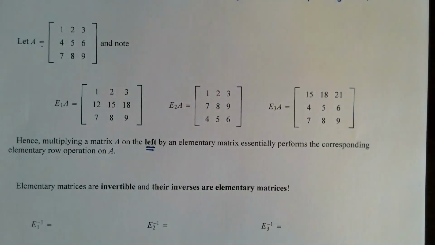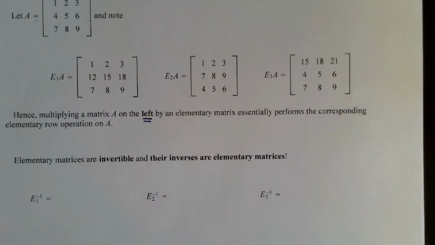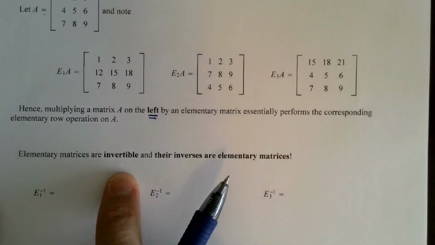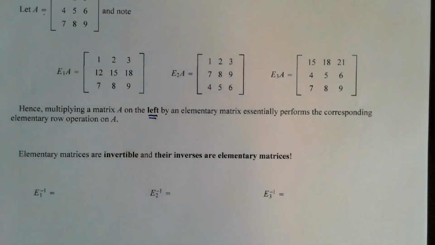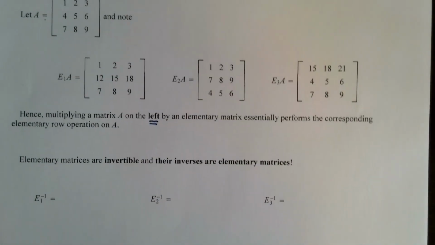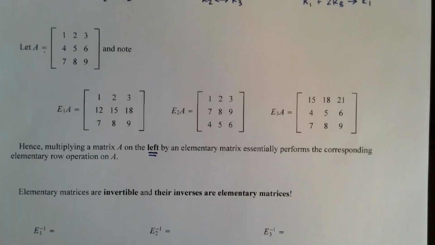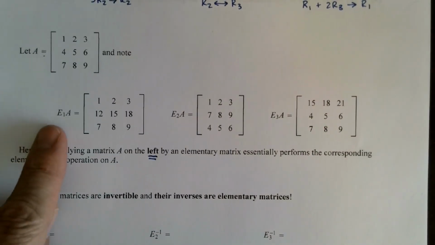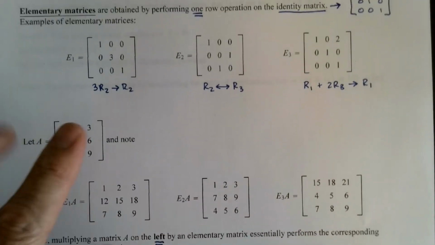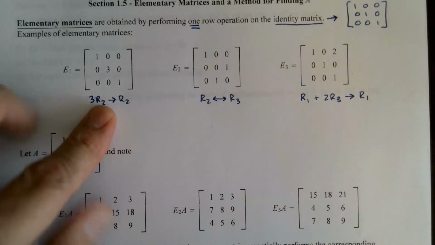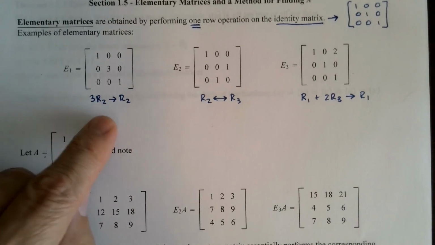Before we move on, a couple other things about elementary matrices. They are invertible, and their inverses are elementary matrices. You say, well, how is that the case? Think about when we multiply by a matrix on the left, it does the corresponding row operation. So how would we undo the row operation here?